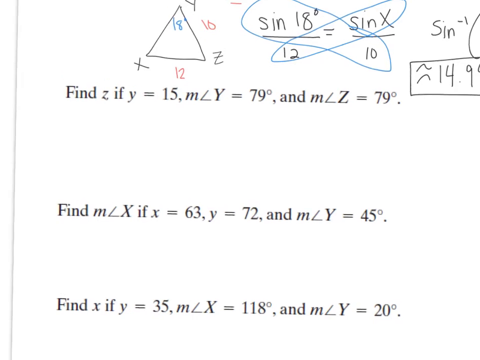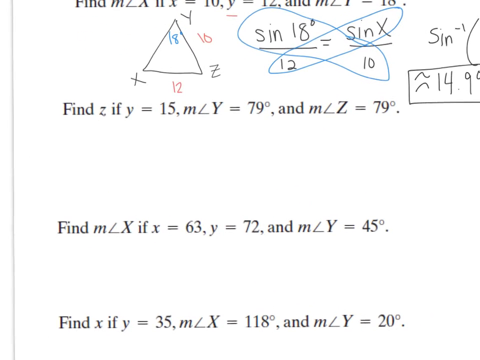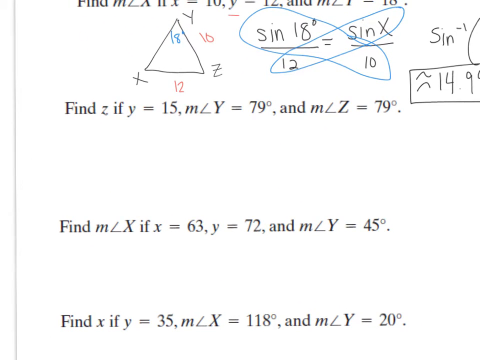Okay, next one, find z. And if I have z and y, so again, I don't have the third side, so I'm going to call that x, y, z. Label my angles. This is angle y, 79 degrees. Angle z is 79 too.